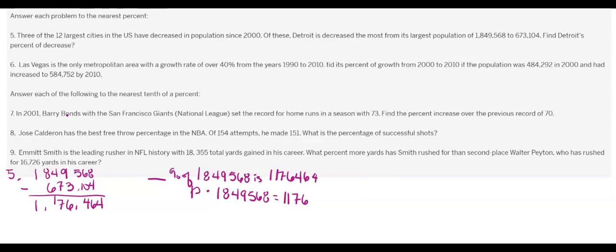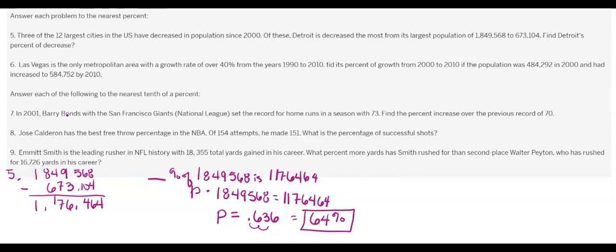I forgot a 4. Anyway, when I do that and I divide both sides by that 1,849,568, I get my percentage, or the decimal, as 0.636. I want to convert it to a percent, so I'm going to move my decimal place 2 places to the right. That gives me 63.6%, which says to round to the nearest percent, so that's 64%. That is a 64% decrease in population.